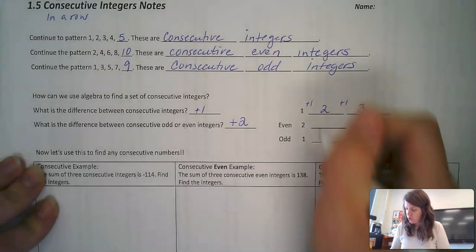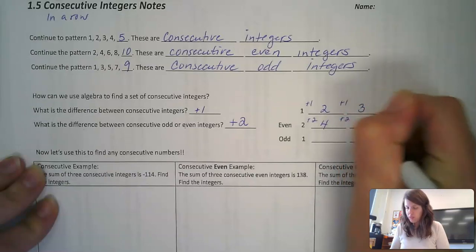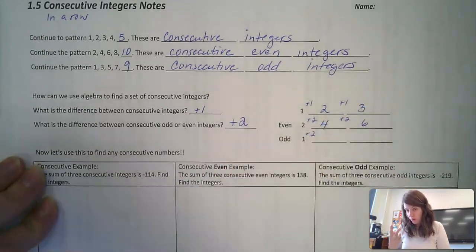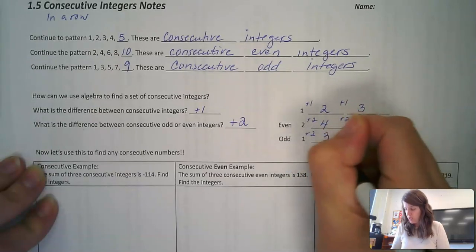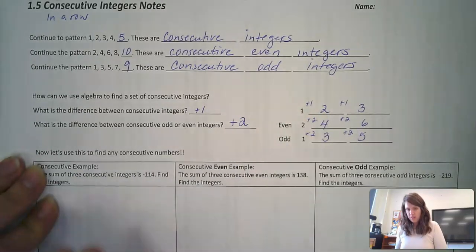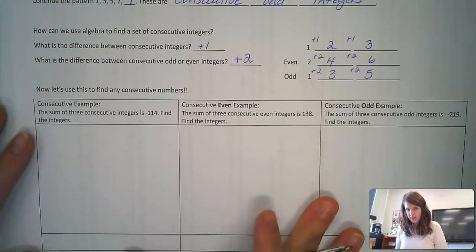You can see how adding 2 between them gives me the next one. Now, that's going to be an important concept when you come to setting up these equations. So let's go through some examples, and I think you'll see why that's important.